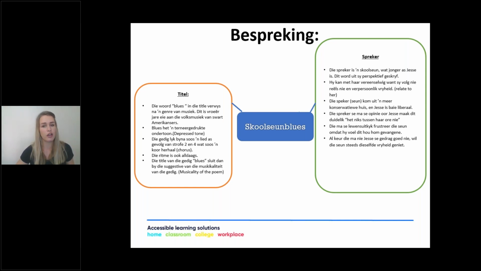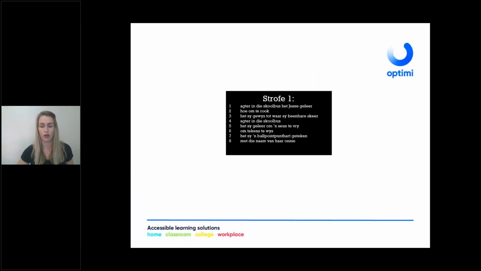And even though he knows that his mom does not approve of the behavior of Jessie, he would still like to enjoy the same kind of freedom that Jessie does. And he's sad that he does not have that kind of freedom and opportunity for experiences as Jessie has. Okay, now let's start going through this poem stanza by stanza.